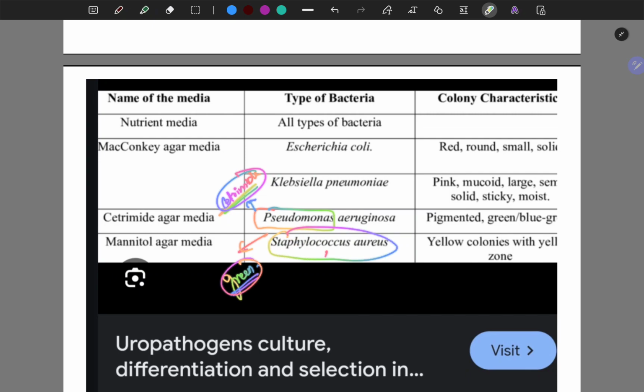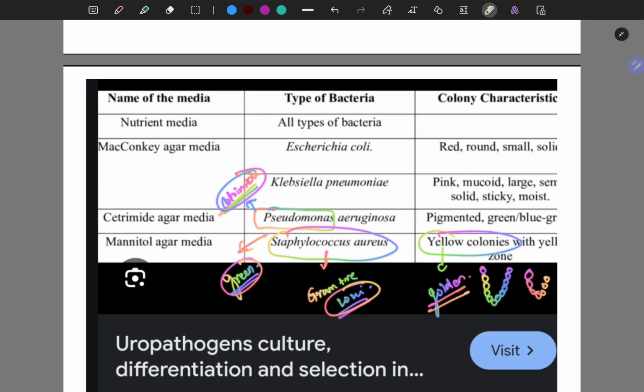Staph aureus, it's a gram positive coccus, so it will produce golden yellow colonies. Just remember this, golden yellow colonies with a yellow zone. So it will be mannitol salt agar medium, right?